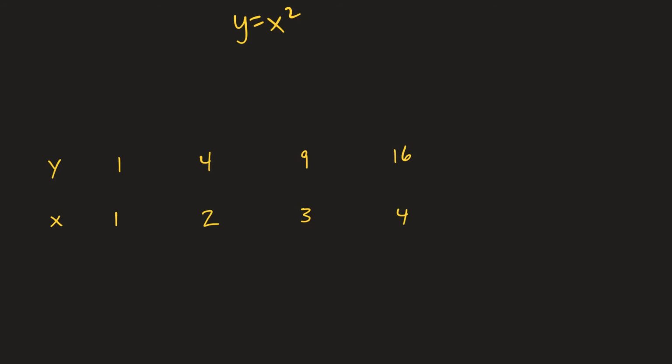How much did that increase by? It increased by 3. This increased by 5. This increased by 7. And we see a little pattern here: the 3, then the 5, then the 7. So the next one must increase by 9, and it would, because 5 squared is 25.